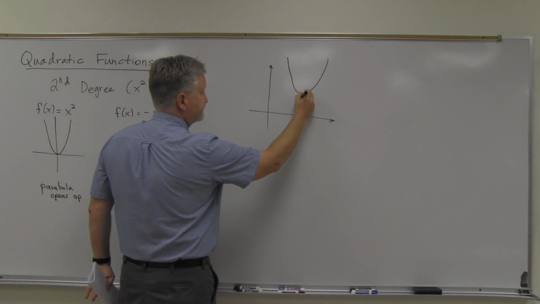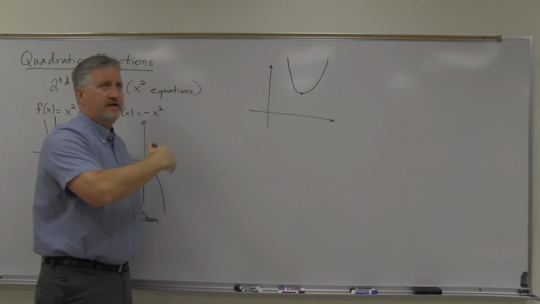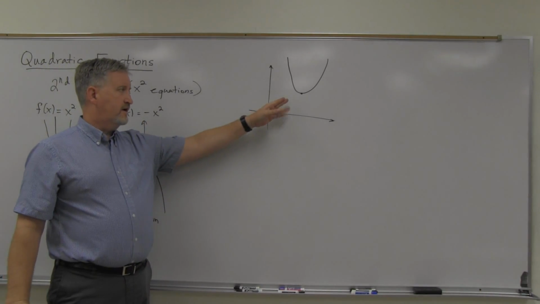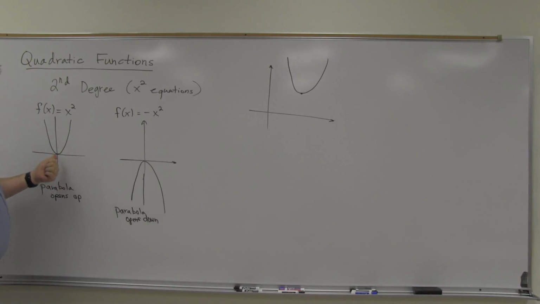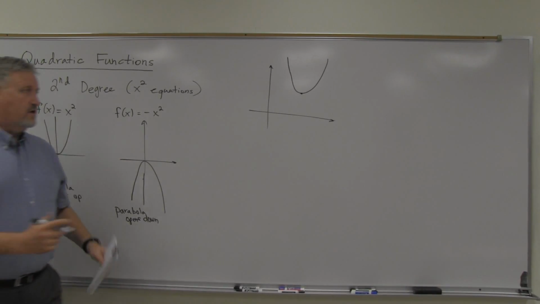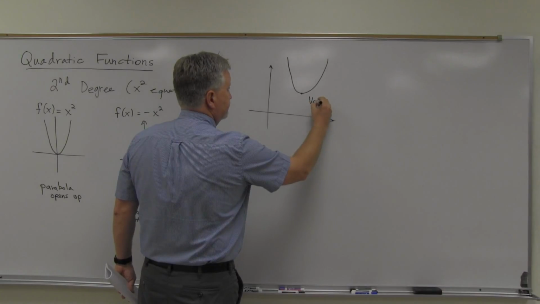First of all, one thing we consider, like I said, this one's shifted over a few units up and to the right, but that point there, that low point in this, and of course over here, it'd be 0, 0. That particular point is called the vertex. The low point or the high point, that point is called the vertex of the parabola.